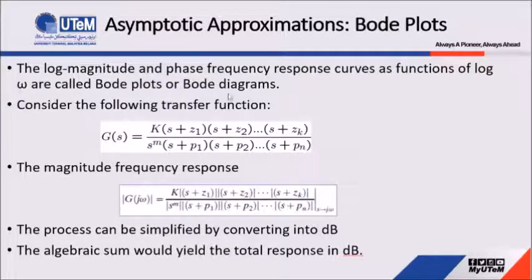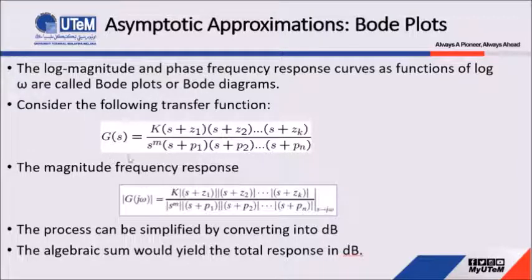Consider the following transfer function: G(s) equals K(s plus z1)(s plus z2) up to (s plus zk), divided by s to the power of m times (s plus p1)(s plus p2) up to (s plus pn).